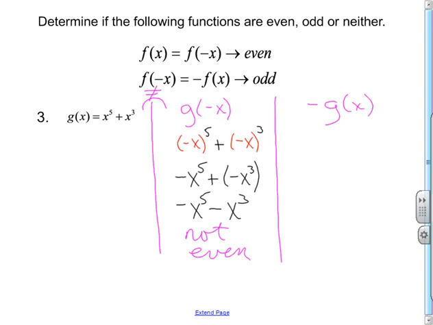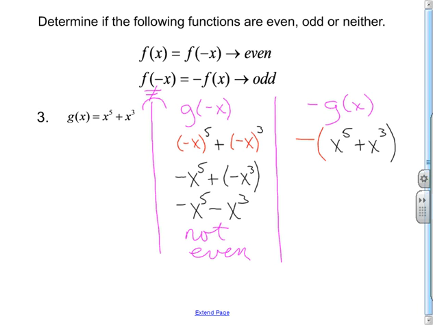And then to do the opposite of g of x, which we have here, we're going to take the opposite of this entire function. So that's going to be x to the fifth plus x to the third. Again, doing the opposite of functions is just changing the signs of all the terms.